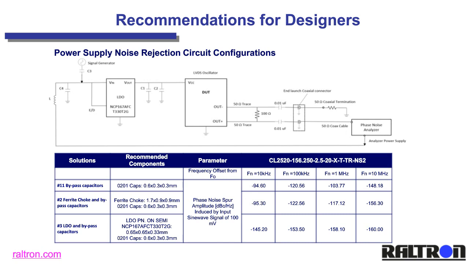We recommend 3 circuits: one that is using only bypass capacitors, one that is using bypass capacitors and a ferrite choke, and a third one that is also using an LDO, low dropout voltage regulator. We compare the phase noise and the jitter in those 3 cases. And we, of course, find that the circuit using the LDO is the best from a power supply noise rejection point of view.